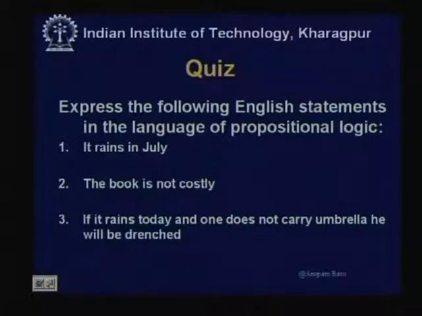So once again I repeat, what is a valid sentence? A sentence that is true irrespective of interpretation. Now before going to the quiz, let me once again summarize whatever we have looked at today.